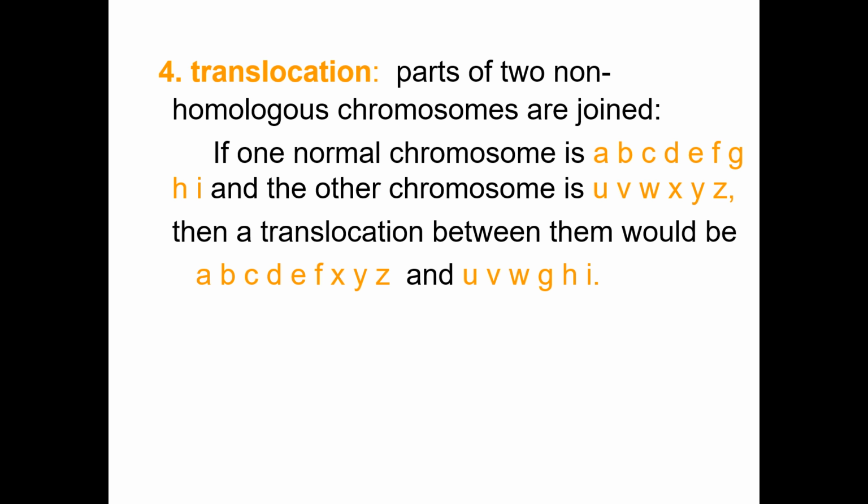But breakage has occurred in both the chromosomes. Now what has happened? A piece of this has joined with this chromosome and a small piece of genes has joined here. See, it has become ABCDF XYZ. This piece has been lost from here and joined with this. Then here you have UVW, but the GHI portion has joined here.